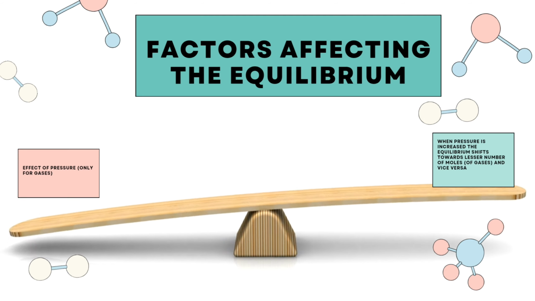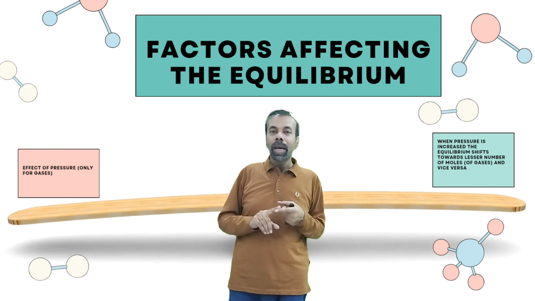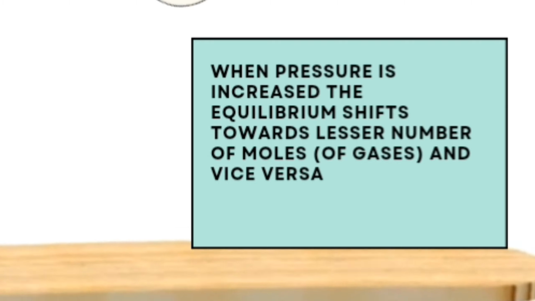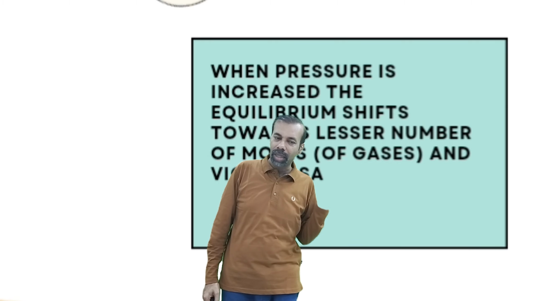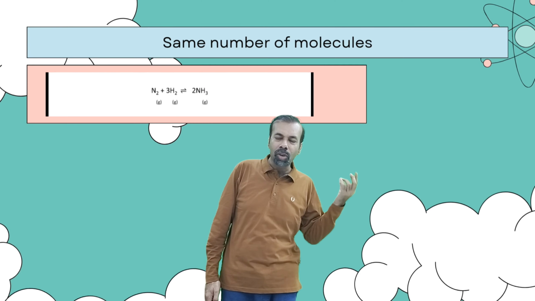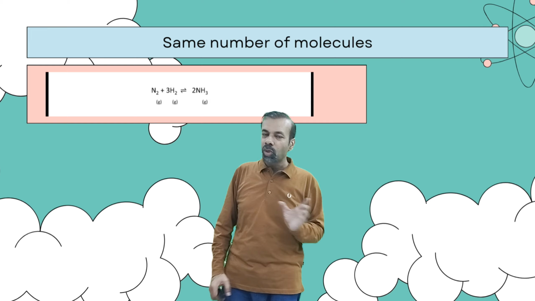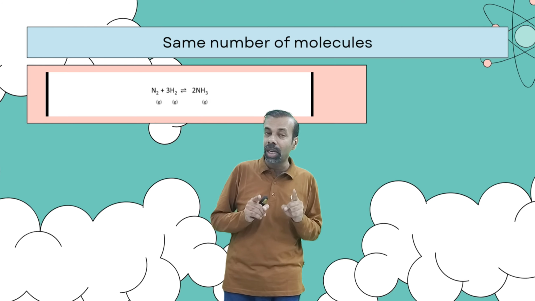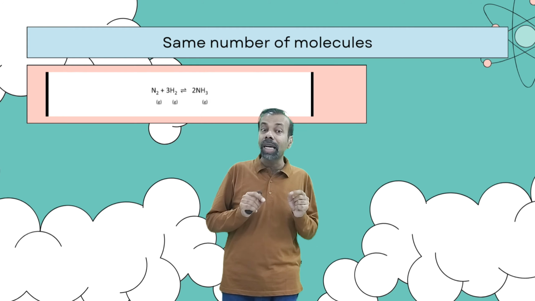So how does pressure affect equilibrium? By increasing pressure, the reaction shifts toward fewer moles. For example, you can see nitrogen plus hydrogen makes ammonia. On the left side you have 4 moles of gases. Remember, pressure only affects gas moles.